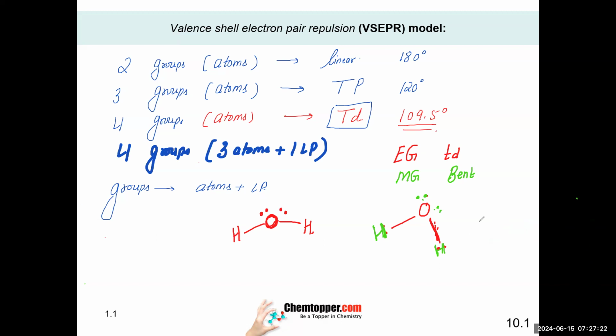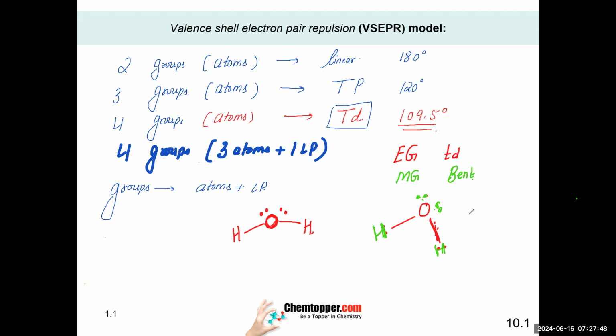Do you think it's symmetrical? The tetrahedral is symmetrical, but bent, the one which is distorted by lone pairs, is not symmetrical. So water is polar or non-polar? Water is polar. So what kind of attractions are there in water?